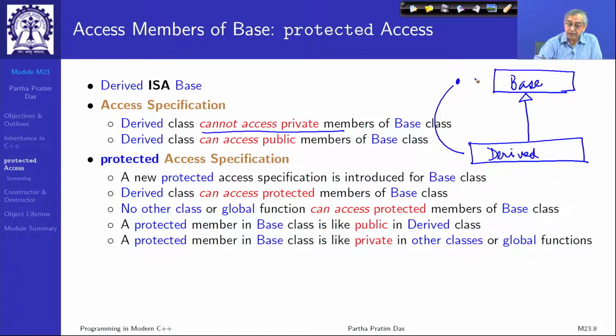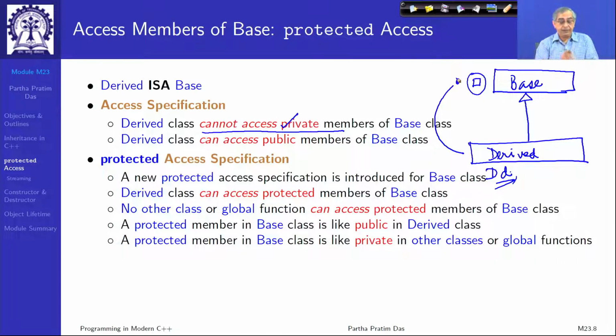But the question is, if I have a member which is private, then the derived class, or an object of the derived class, will not be able to access it because it is private. It is encapsulated completely. It was required to encapsulate the original base class.